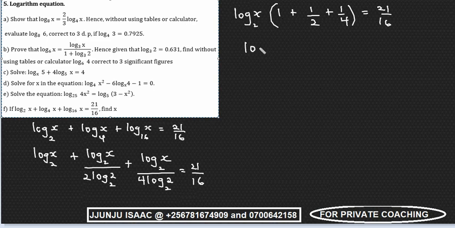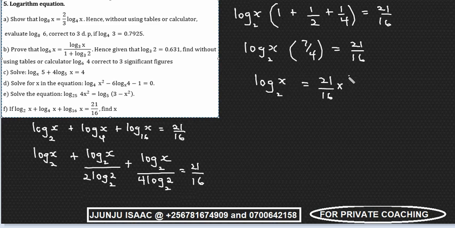So I have log base 2 of x. Now from here we're going to have 7 over 4, so we get 7 out of 4 log base 2 of x equaling 21 out of 16. So log base 2 of x will be equal to 21 out of 16 times 4 out of 7, which is 3 out of 4.